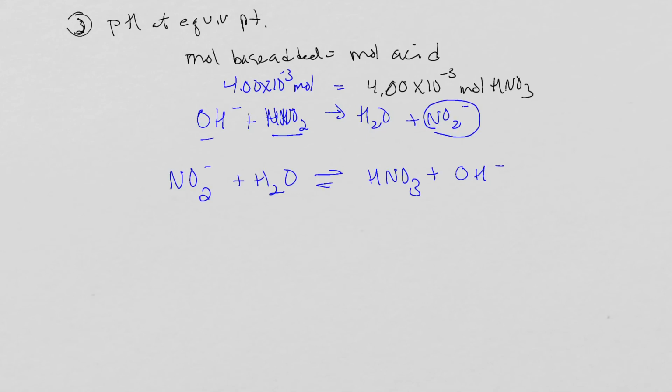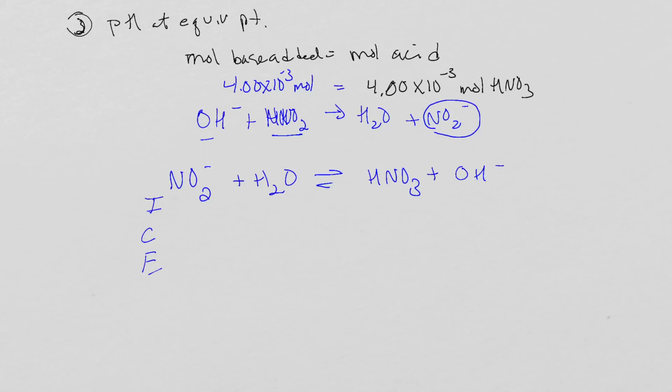Now, we're going to set up our ice table. Our initial concentration of NO2 minus is 4 times 10 to the minus third moles, because this is how many moles of acid we had, and all of that acid would have been converted here.